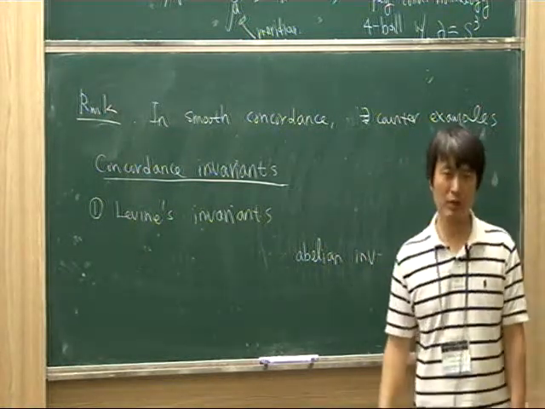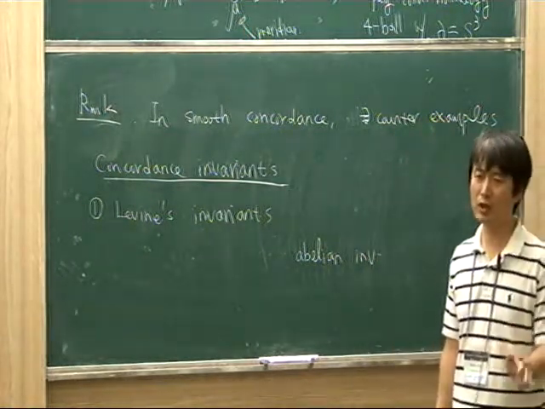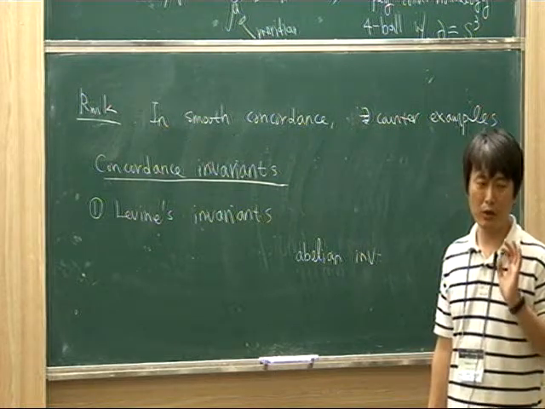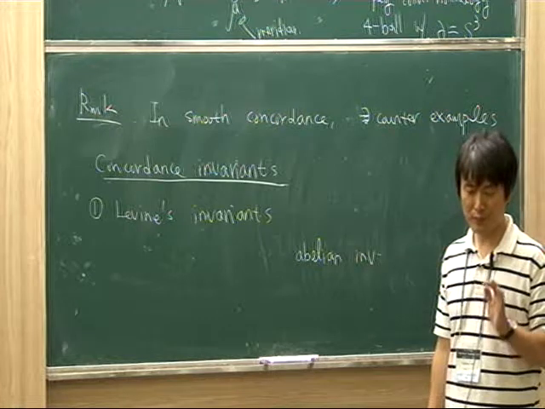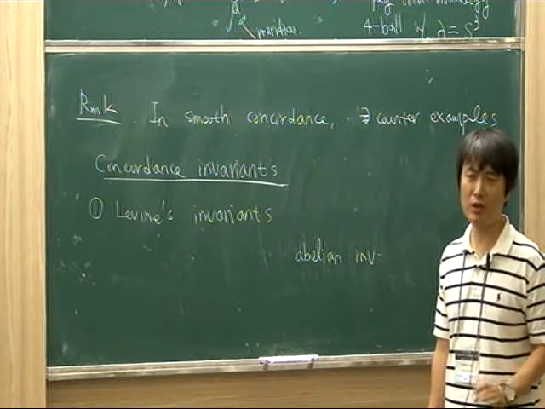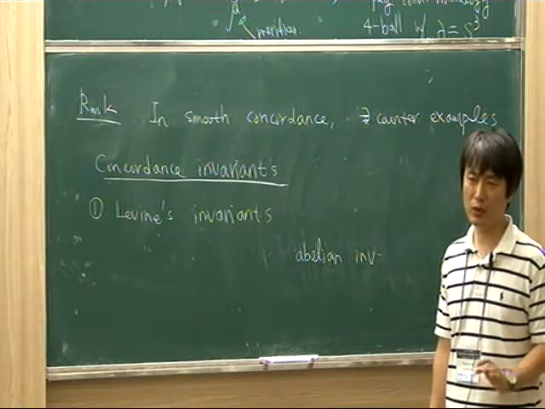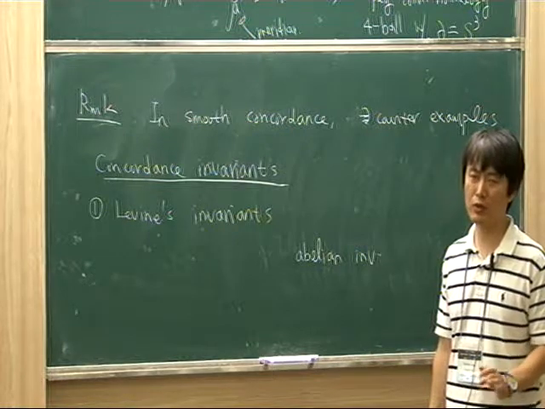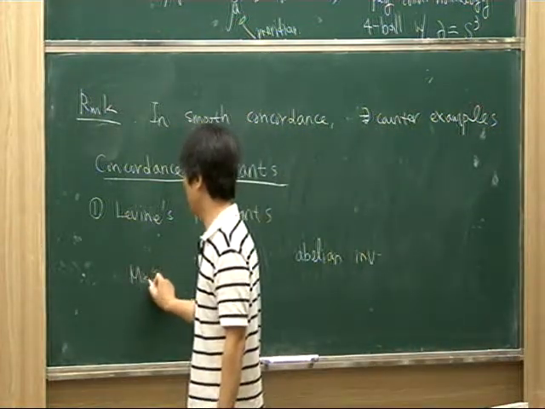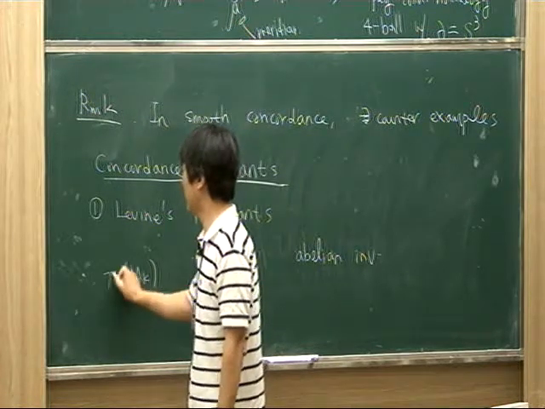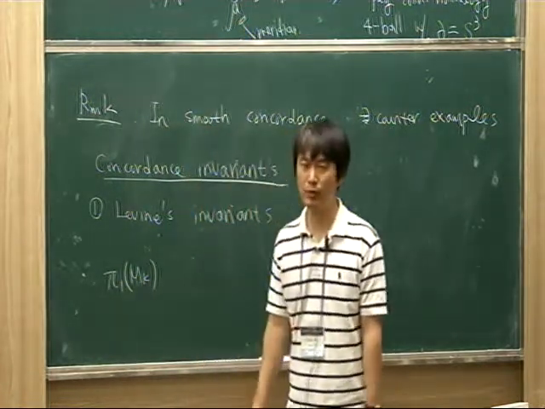I'm not going to give you the details of the Levine invariants, but the idea is that we use the infinite cyclic cover of the knot complement, or the infinite cyclic cover of the zero surgery on the knot. When you have the zero surgery of the knot, think of the fundamental group.